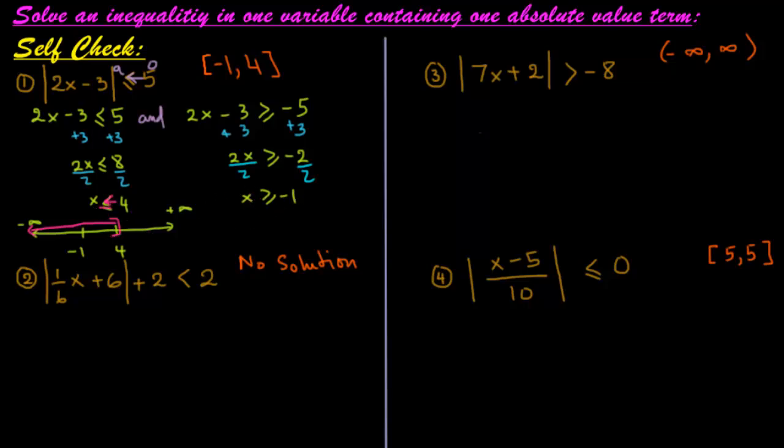Put the inequality sign at -1. From that point we go to the right, and with the equal sign, that will be another bracket. As we see that "and" is the overlap part, I will shade this part. We see that they overlap from -1 to 4.